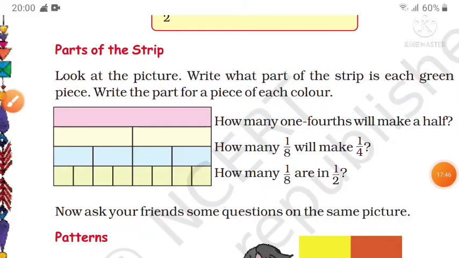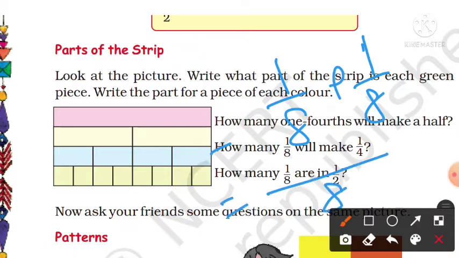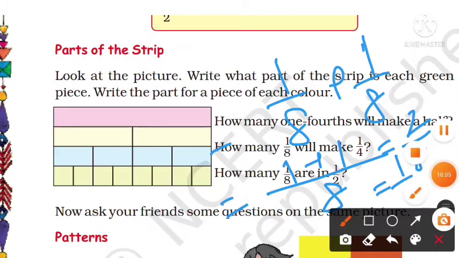Okay, next question is, how many 1/8 will make 1/4? Again it will be 2 1/8. So it will be 1 plus 1, that is 2/8. So 2/8 means 1/4. So 2 1/8 will make 1/4.